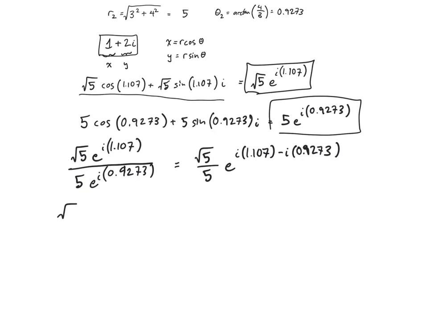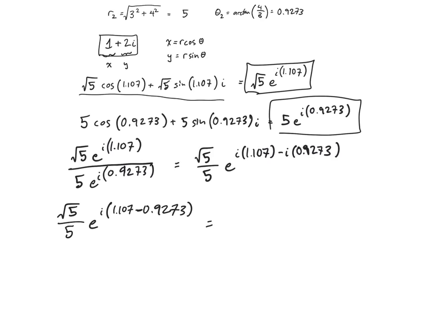Further simplifying this, square root of 5 over 5 e to the i times 1.107 minus 0.9273.